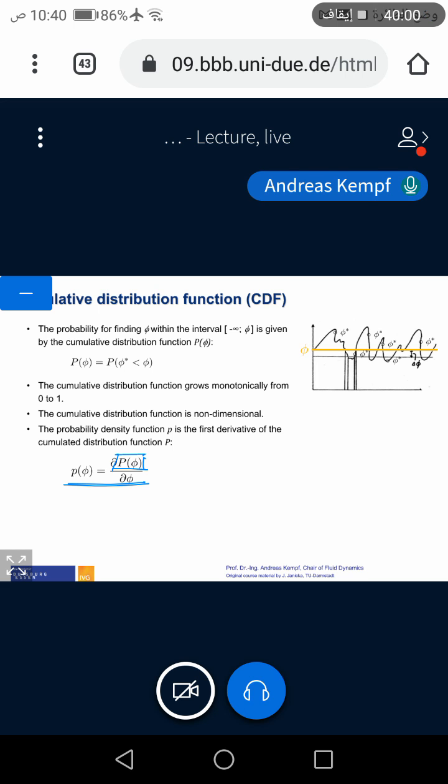Okay, more questions? The concept reasonably clear to you? Let me just ask, because we have this beautiful polling feature, I can just ask a poll. Who has the feeling he got an idea what the PDF and CDF are?